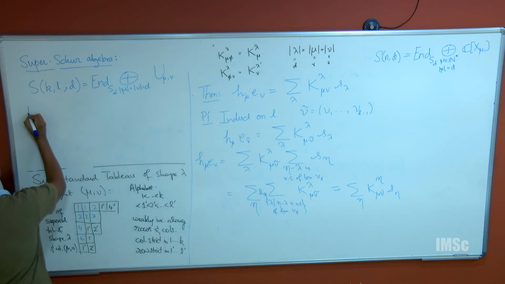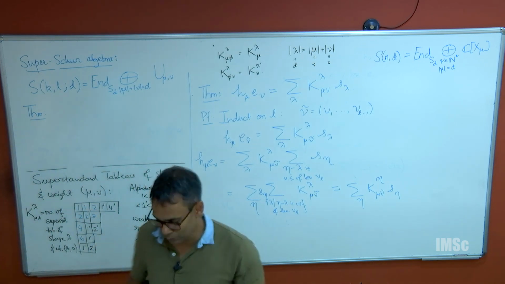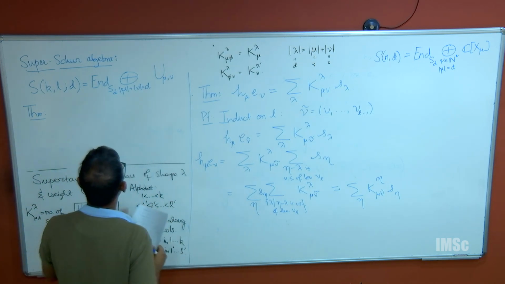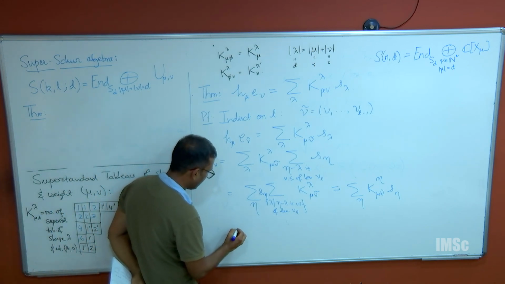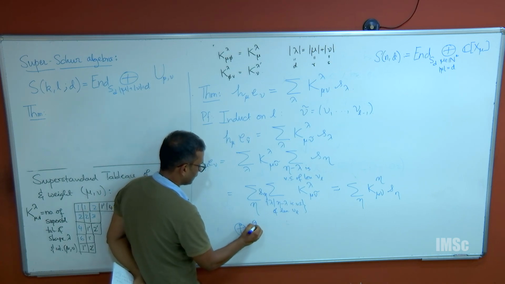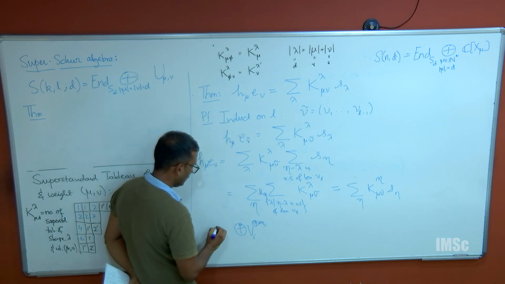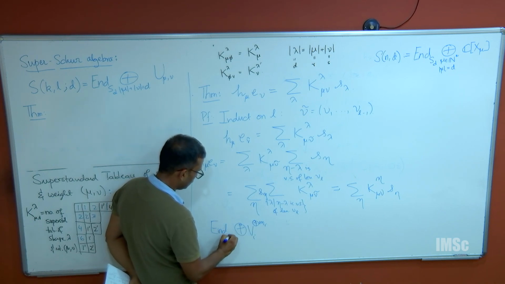So then the theorem, so we can ask, okay, what do the simple modules of this look like? Well, if you want to know the simple modules, suppose you have a group G and you have some representations Vi raised to the power mi, and these are simples.